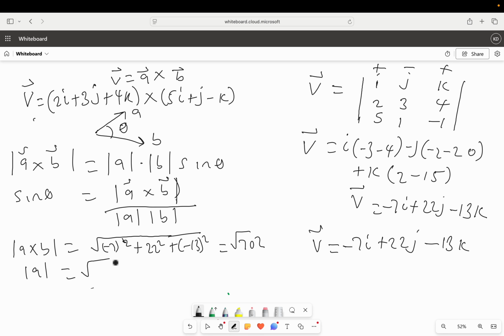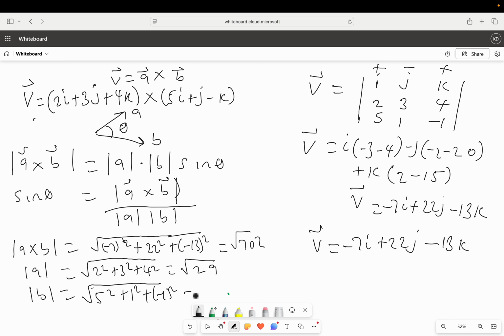So it will just be square root of 2 squared plus 3 squared plus 4 squared. That will give me square root of 29. For the v vector, it's just the square root of 5 squared plus 1 squared plus minus 1 squared. So this one is just square root of 27.